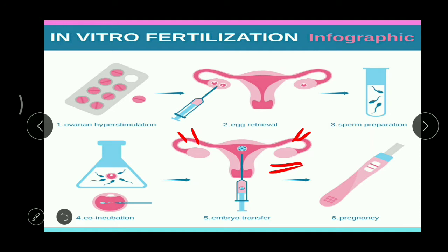The sperms which enter through the vagina pass through these fallopian tubules. But as there is a block, they cannot reach the ovum, and so fertilization cannot occur. And as there is no fertilization, there is no chance for a pregnancy. So such females cannot become mothers anymore.